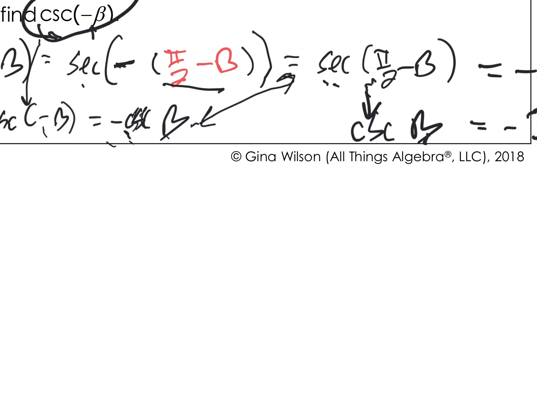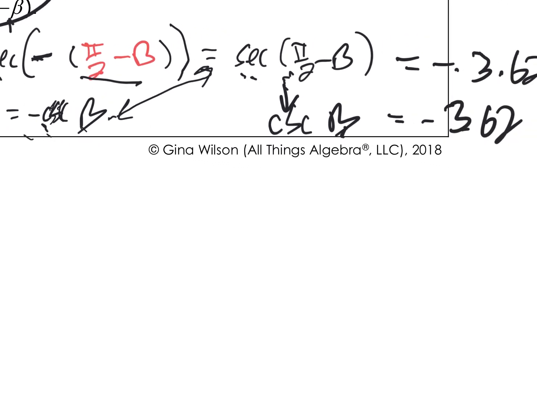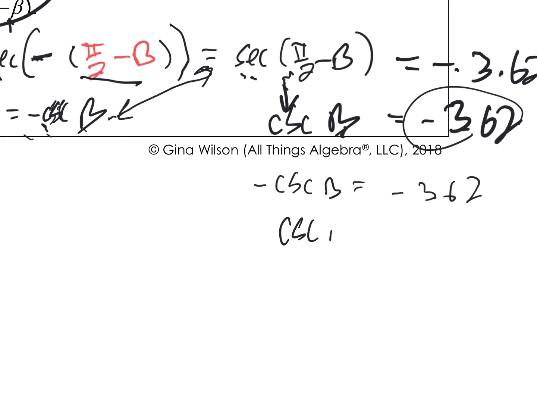And that's the one I want. So negative cosecant of beta would have to be negative 3.62. Therefore, cosecant of beta would be a positive 3.62.